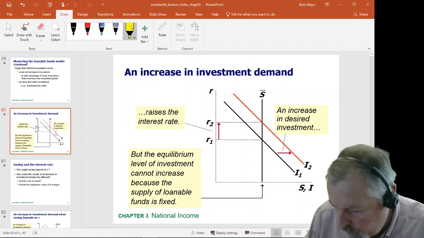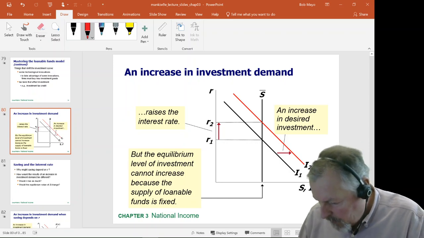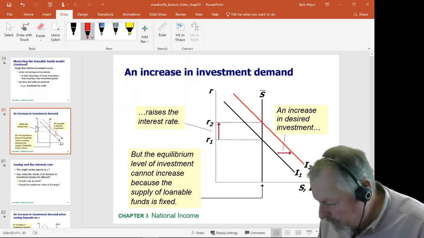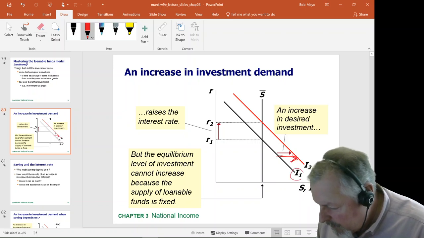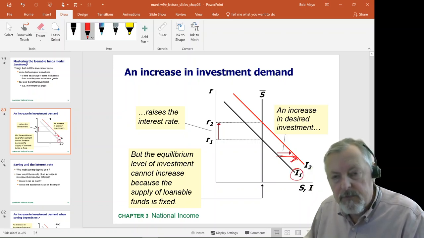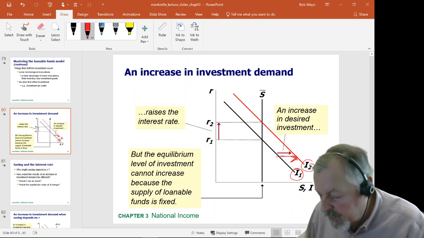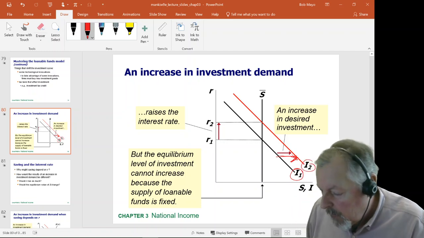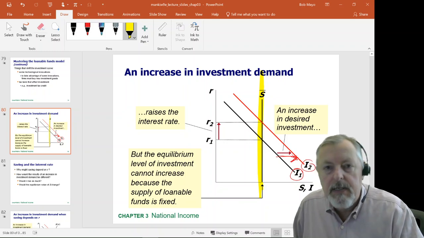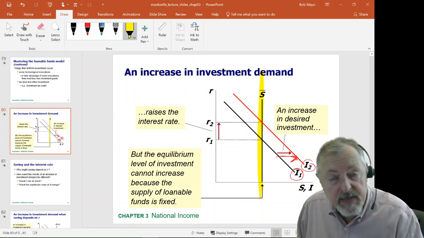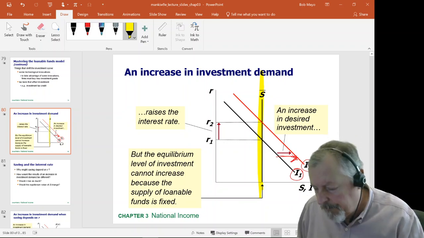Okay, if we move from this first demand for investment funds to this second demand, well, we know that the supply of loanable funds in this model is just fixed because all the inputs are fixed.